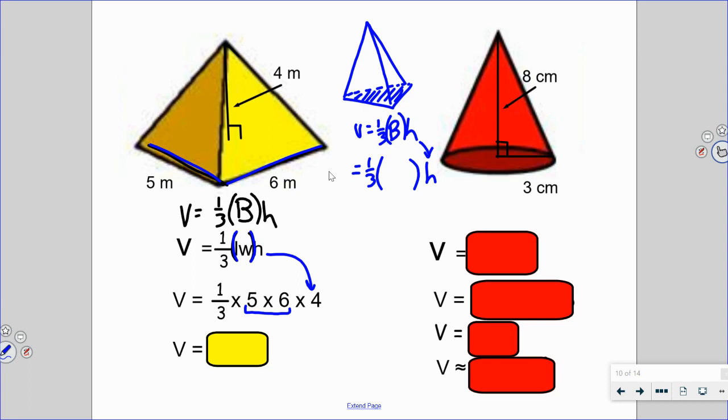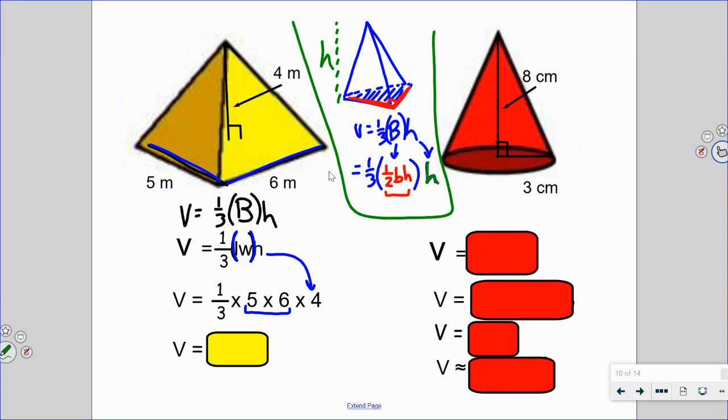That's the height of the pyramid, but how do you find the area of that base when it's a triangular figure? The confusing part there, it's got two different h's, it's got two different fractions, but remember, these dimensions are the dimensions of the triangle, the base of the triangle, the height of the triangle, and then the h would be the height of the whole pyramid. So that's a little more challenging than most of our stuff for today anyways.